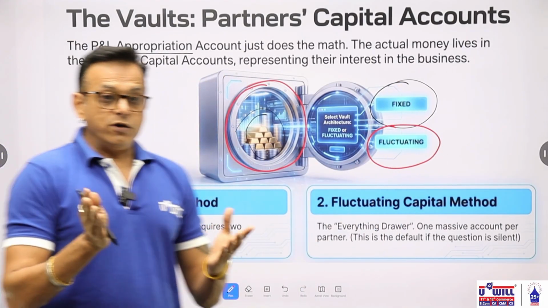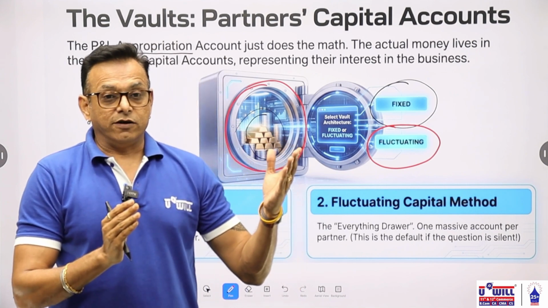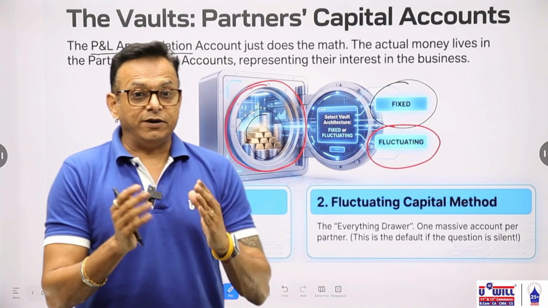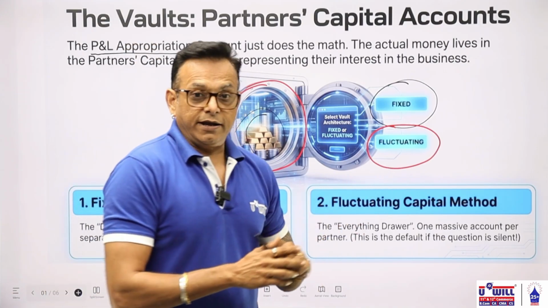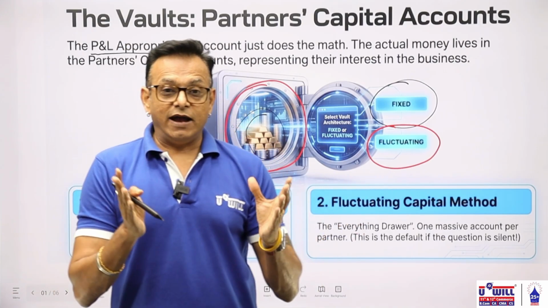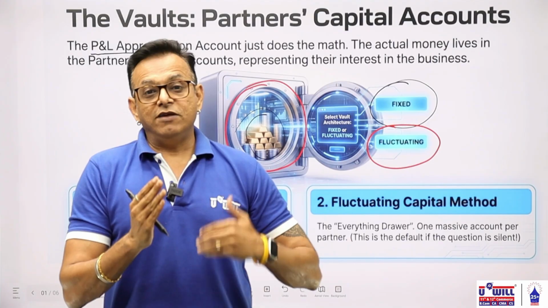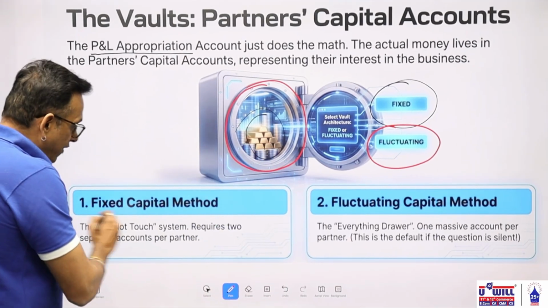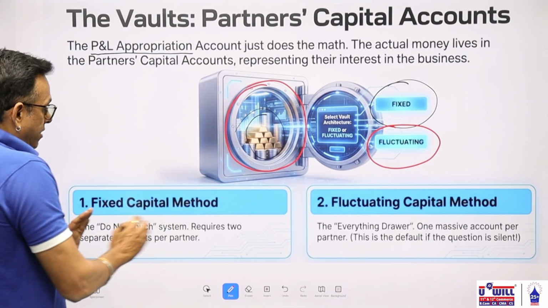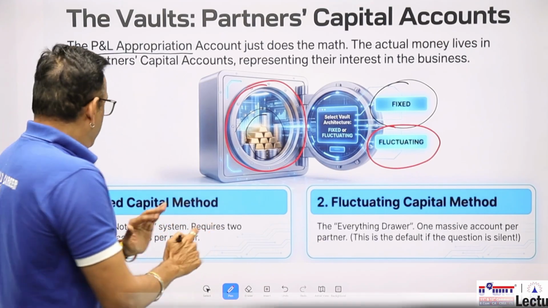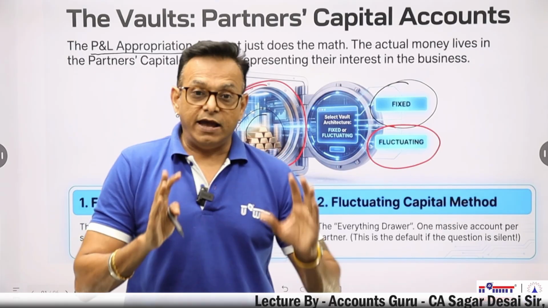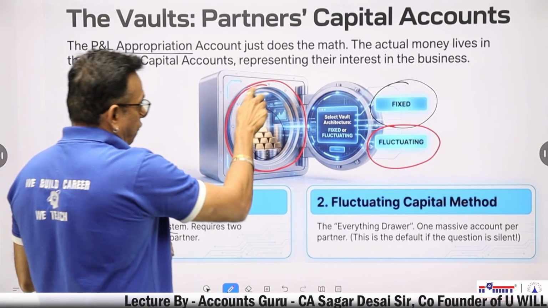Now, dear students, in the previous lecture, we did a sum and the method of maintenance of capital was fluctuating. So you have a basic idea about it. Still, I will have a recap of it when we see this method. Now, fixed capital method is a method where we say it is a do not touch system, where we segregate this vault.